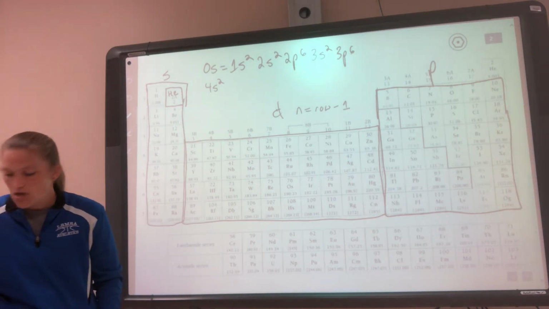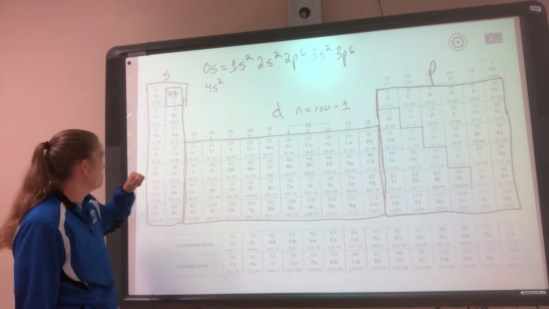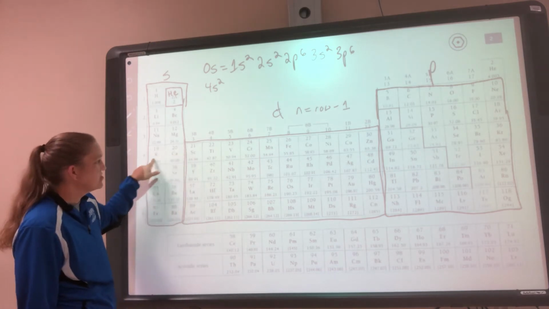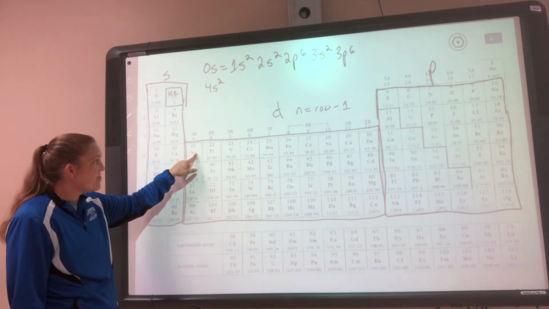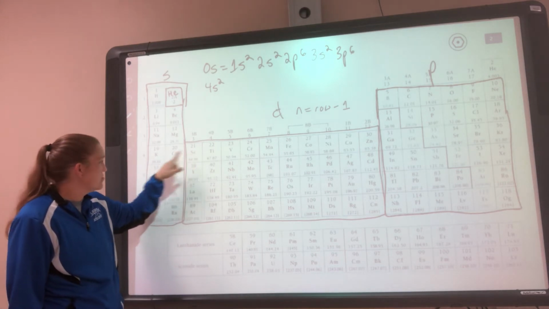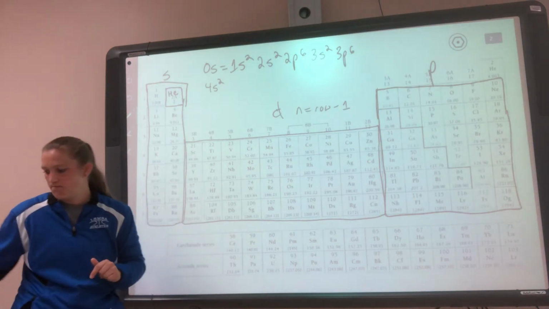Okay? So here I'm at 21, because I've already done my 4s2. So I'm in row 4, but my n is going to be a 3. So this isn't a 4d, it's a 3d.